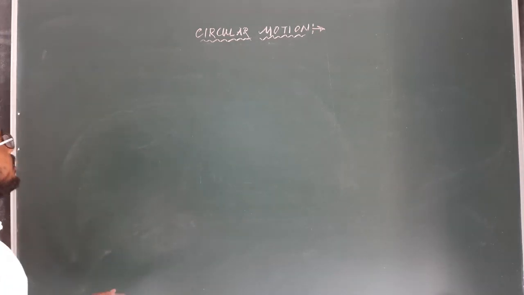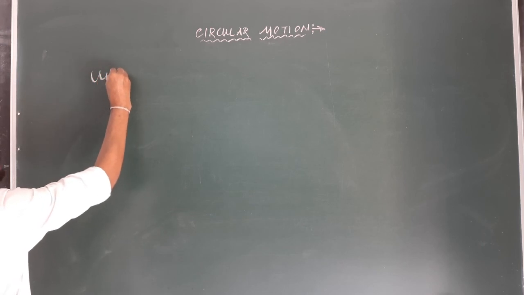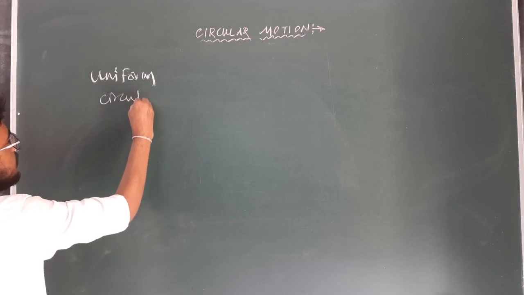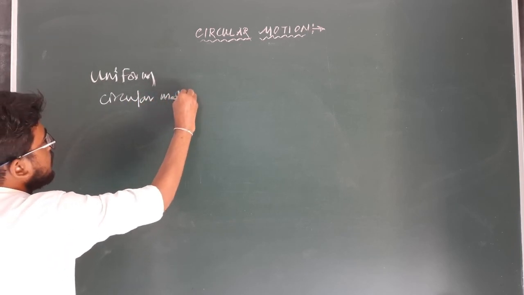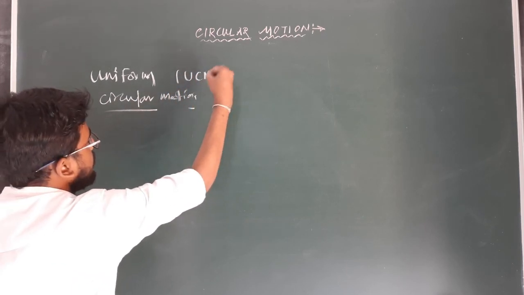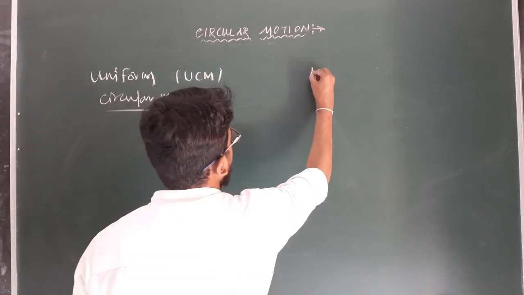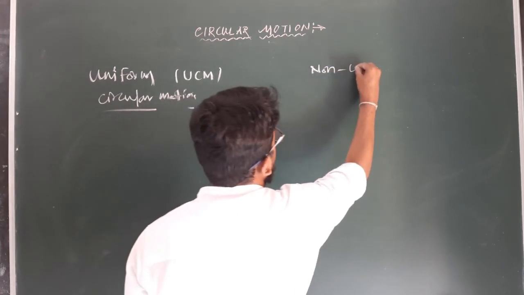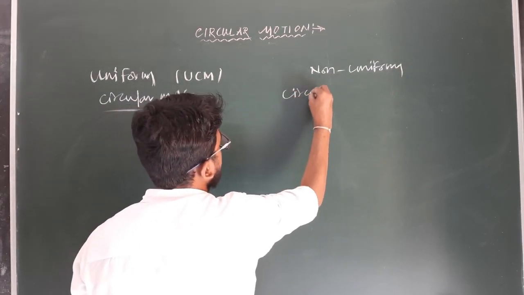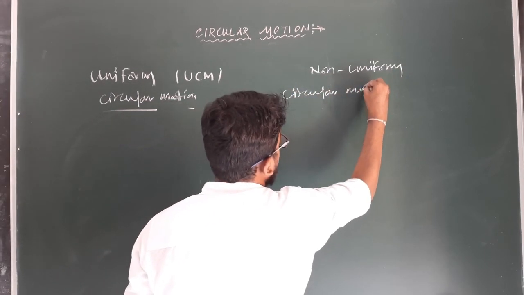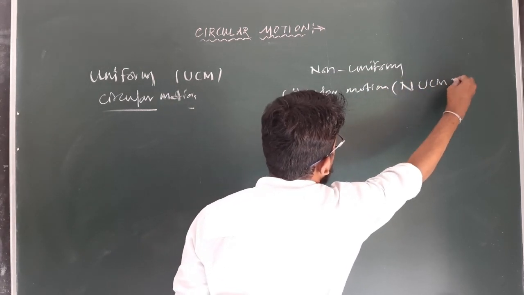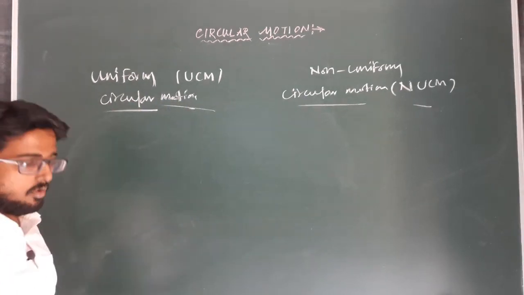Okay, one is uniform circular motion, okay, remember UCM, uniform circular motion, and the other one is non-uniform circular motion. Okay, so what is uniform circular motion and what is non-uniform circular motion?